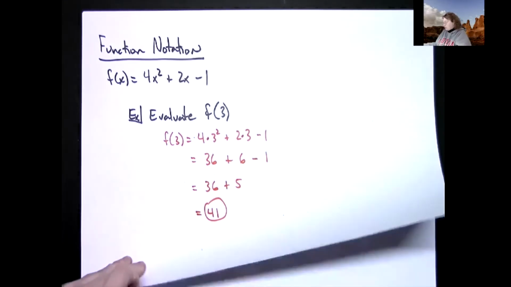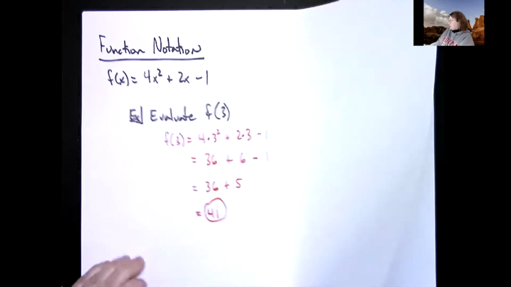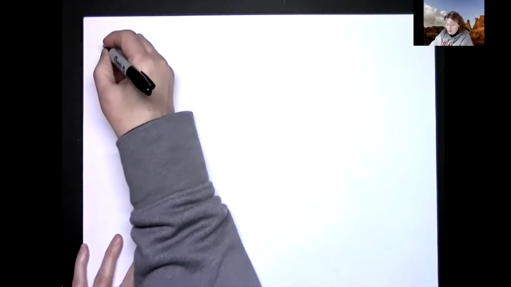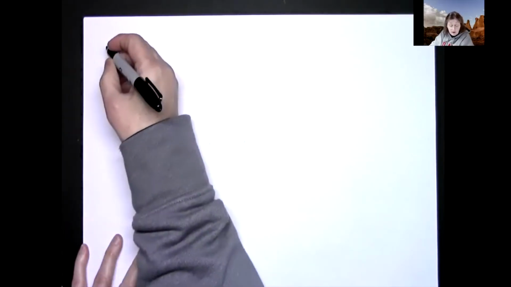All right, let's go ahead and go to a new piece of paper, I think, because I want this all to go together. So let's take a look at the graphs.